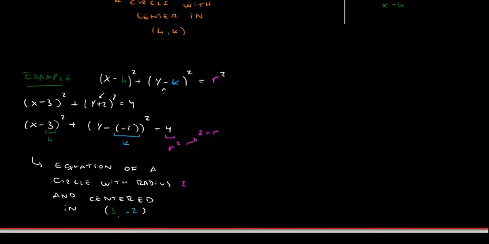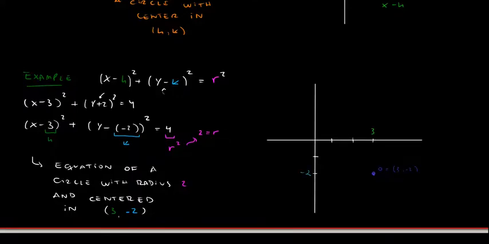Let's draw this circle. We have the axis, and we know the center is in (3, minus 2). It's going to be this point. We also know that our circle has a radius of 2.